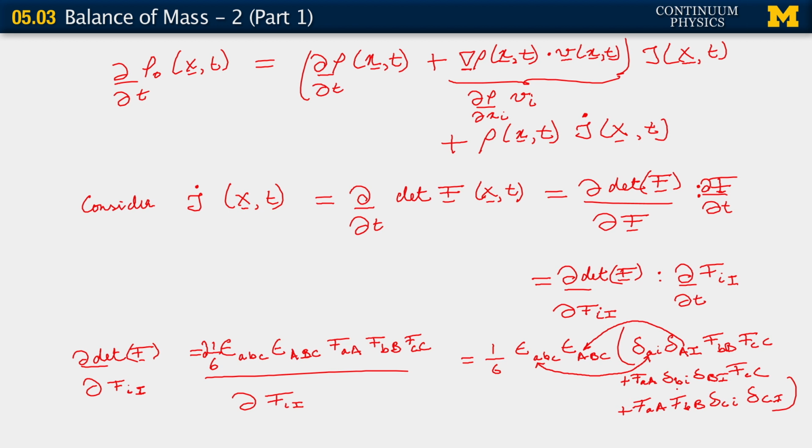For instance, out here, this B is going to act upon that B, turning that into epsilon A I little c, and so on. So work it out, just apply the Kronecker delta to all those indices, and what you will end up with on the right-hand side is a different function of F.